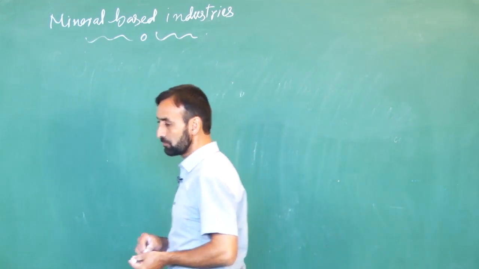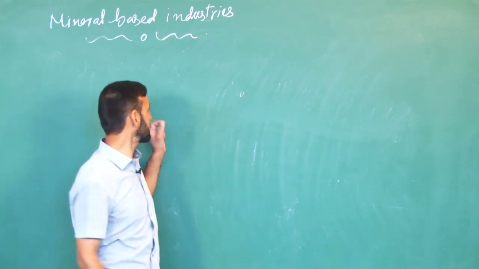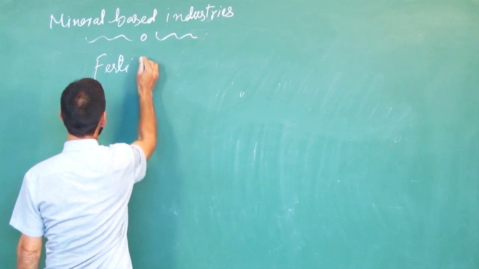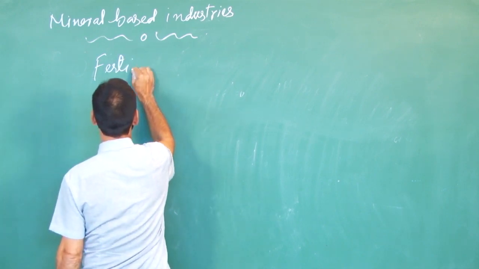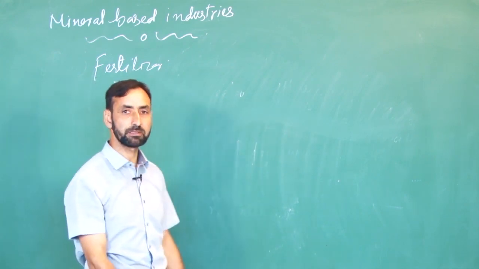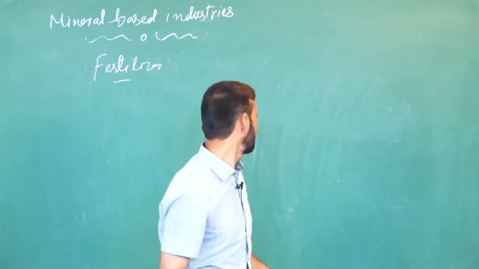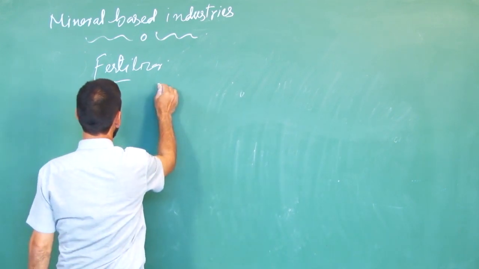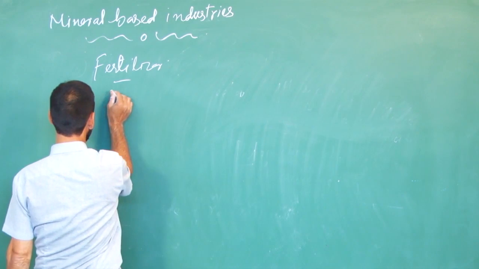It's very simple. The fertilizer industry provides us different kinds of things, like nitrogenous fertilizers, urea, and potassium and phosphoric fertilizers.